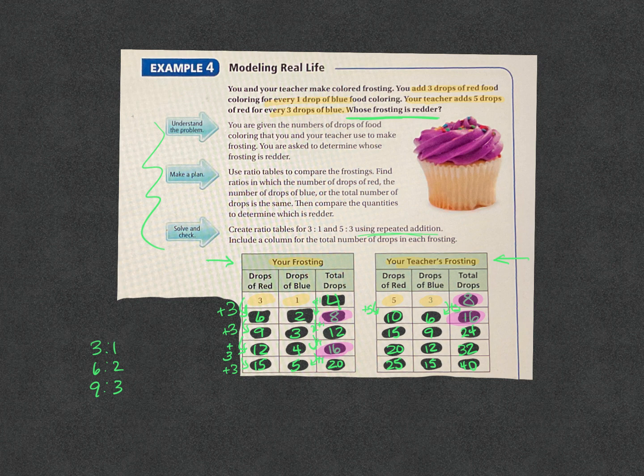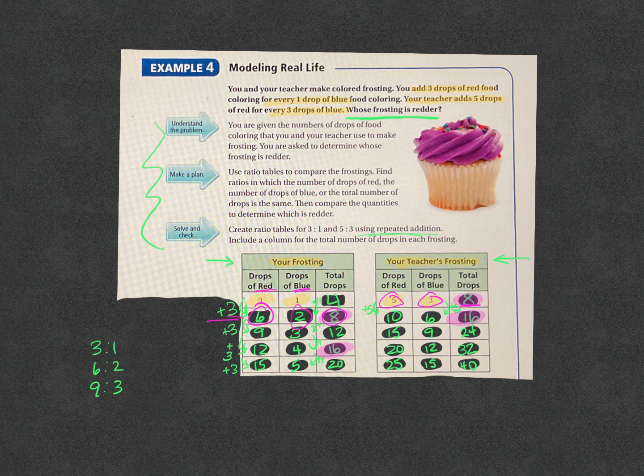Making and comparing these, you can say pretty easily here, if I have 6 drops of red and 2 drops of blue, that gives me 8 total. Well, your teacher has 5 drops of red and 3 drops of blue to give you 8.